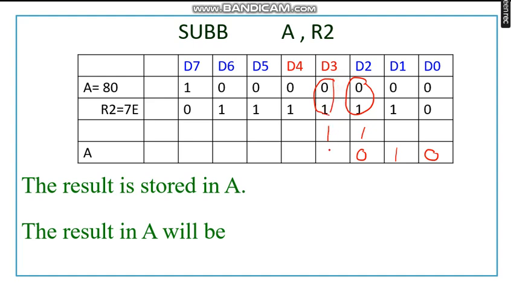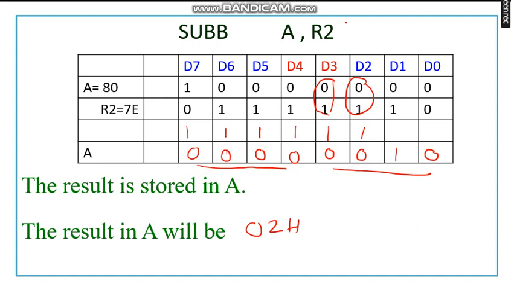From this minus 1, so 0, borrow 1, 0, borrow 1, 0, borrow 1, 0, borrow 1, 1 minus 0, 1, 1 minus 1, 0, and no borrow. So here the answer in A will be 02H, because this is equal to 0H, this is equal to 2H, so answer is 02H.